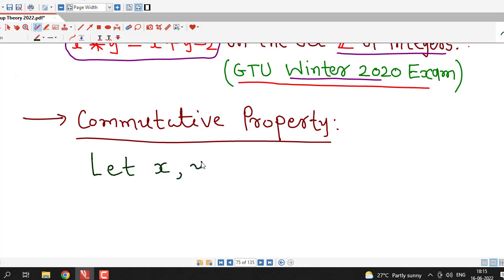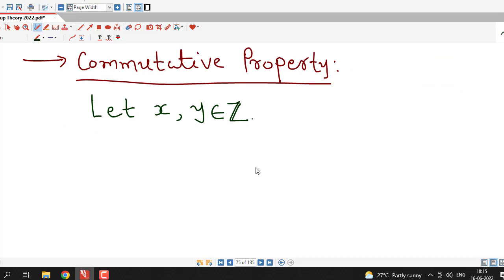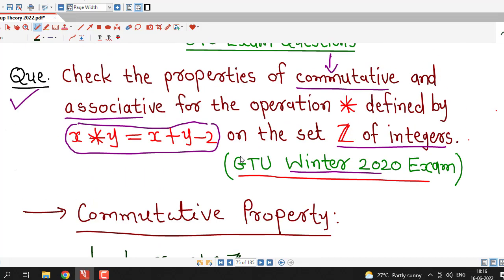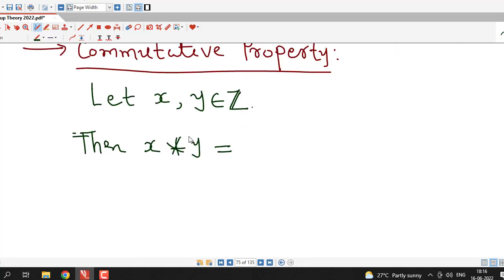Let x, y be any two elements in the set of integers. Then by the definition of the given binary operation, x star y is defined as x plus y minus 2, first element plus second element minus 2. So here we write x plus y minus 2.